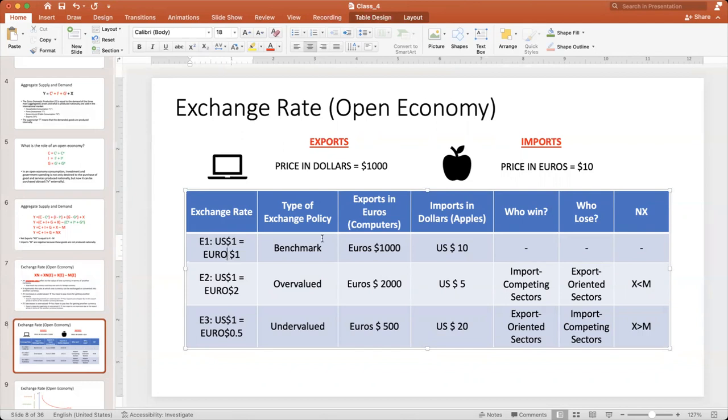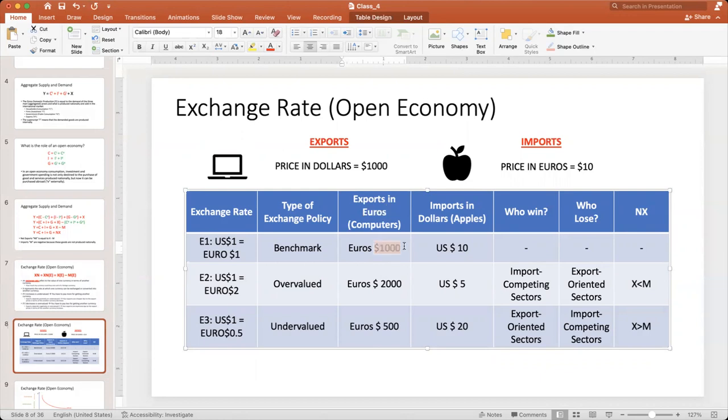This is our benchmark. So if this is the case, and we are going to export our computers, we have to translate the export price into euros, because Europeans are our final client. So in this case, the price in euros is 1,000 euros.